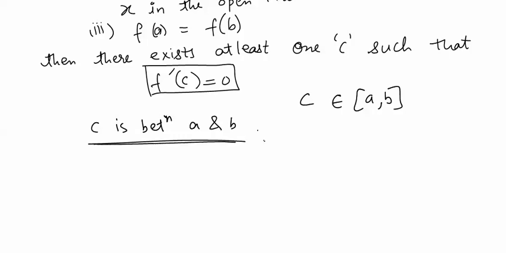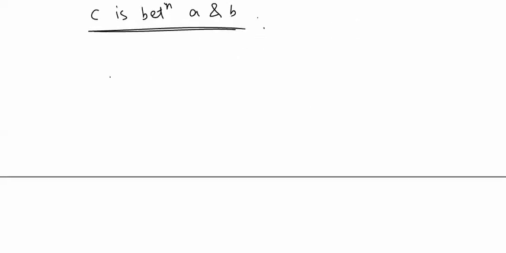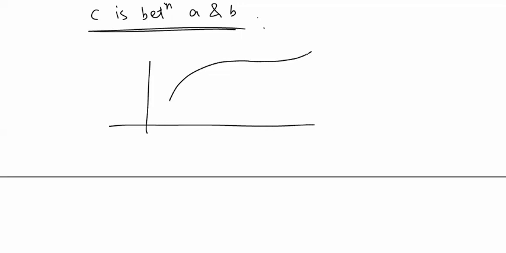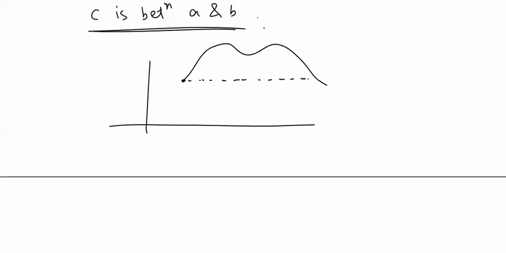Now, what I'm trying to say is, let us understand. Let's say there is a graph of a function of this nature. It's not a standard function, but any function. This is a, this is b.